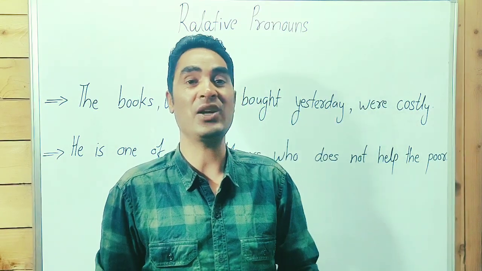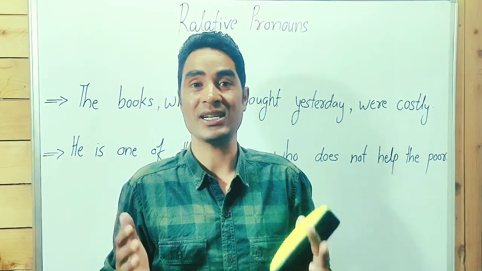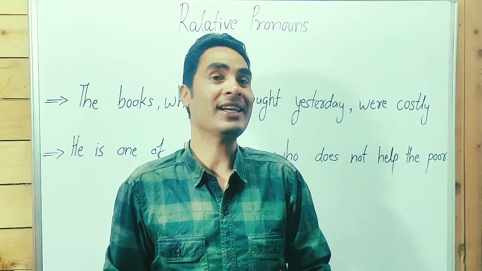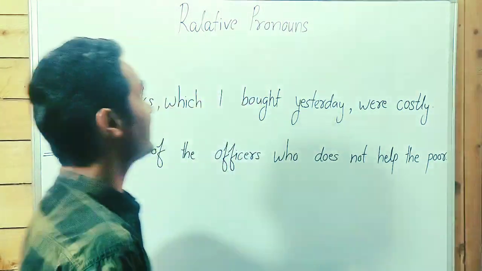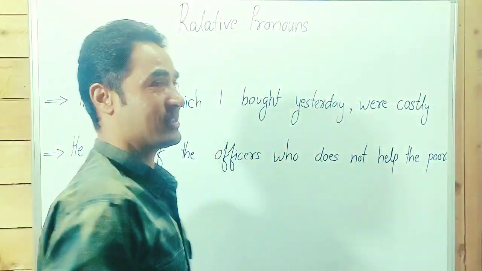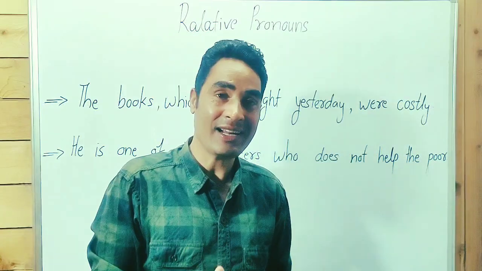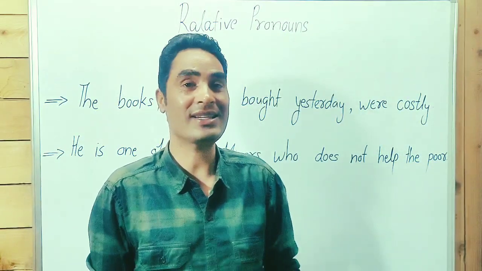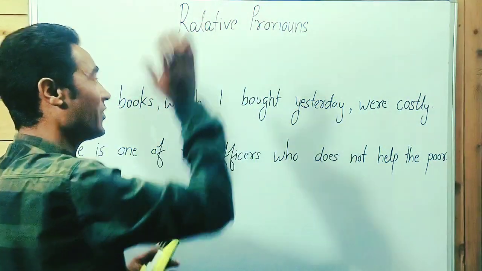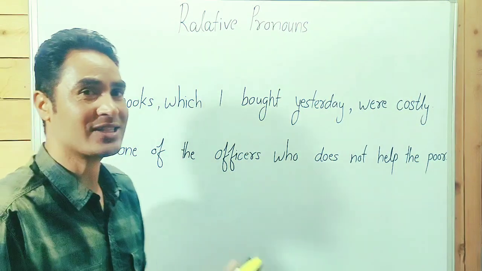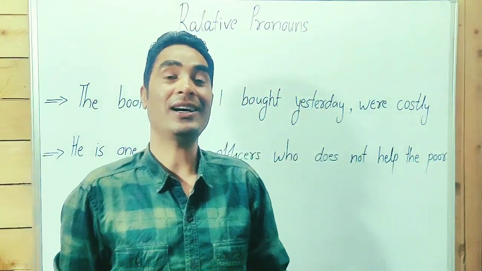This is a very important, the most important topic of English grammar. It's very important, guys. Many errors related to relative pronoun are asked by examiners. What is a relative pronoun?